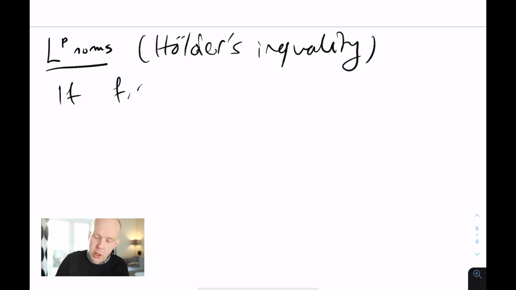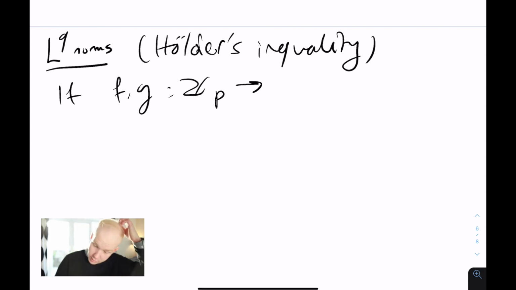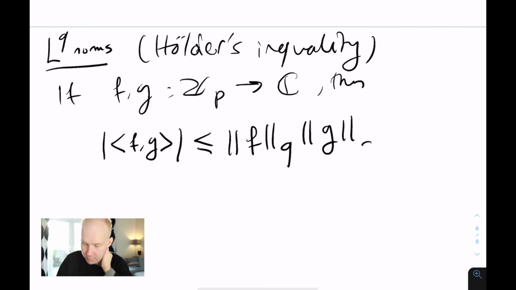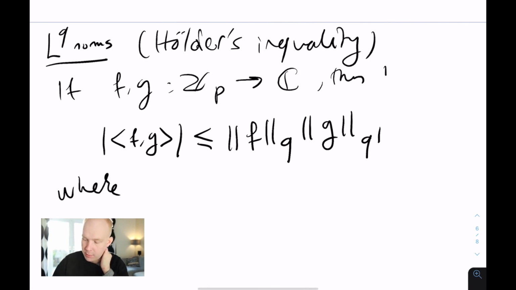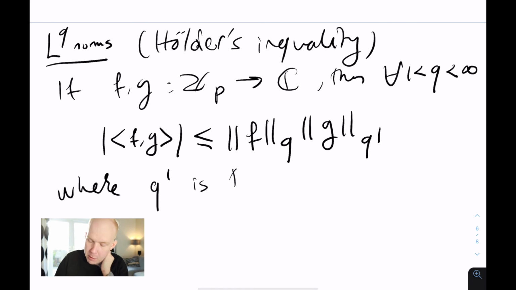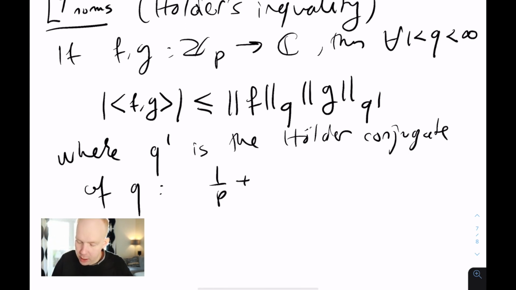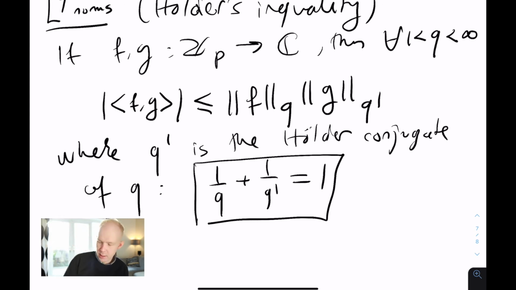If f and g are functions from Z_p to C, then the inner product of f and g is at most the q norm of f times the q prime norm of g, where we take q less than infinity and q prime is the so-called Hölder conjugate of q, i.e. it solves the equation 1 over q plus 1 over q prime is equal to 1.